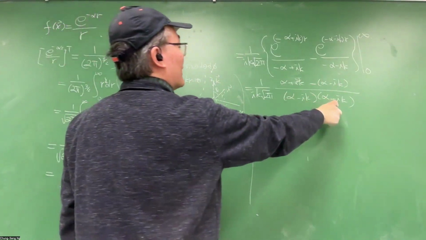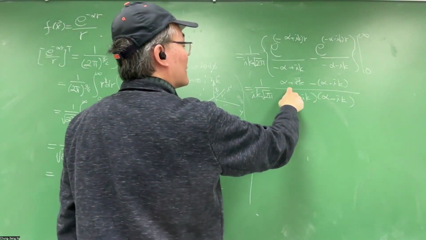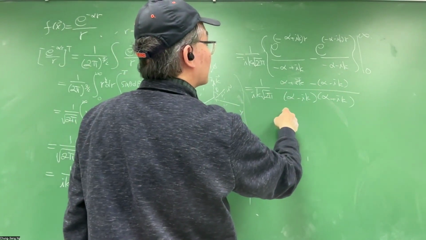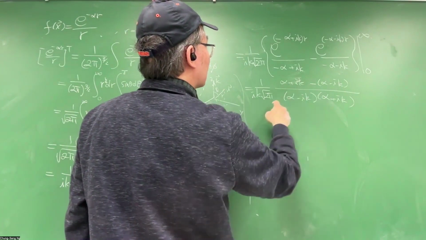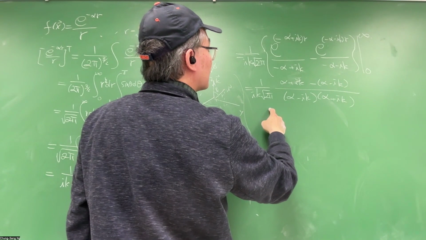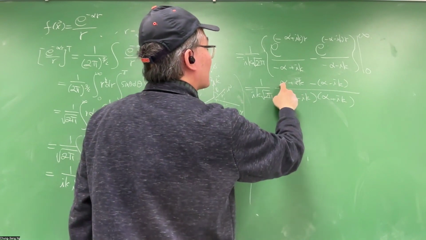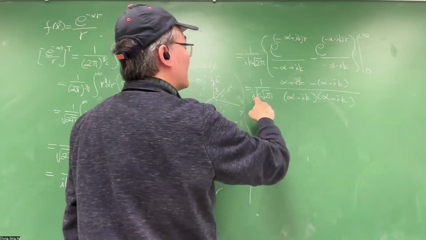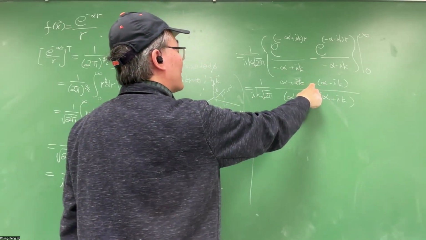Now you combine them, the alphas cancel, and then you get 2ik in the numerator.